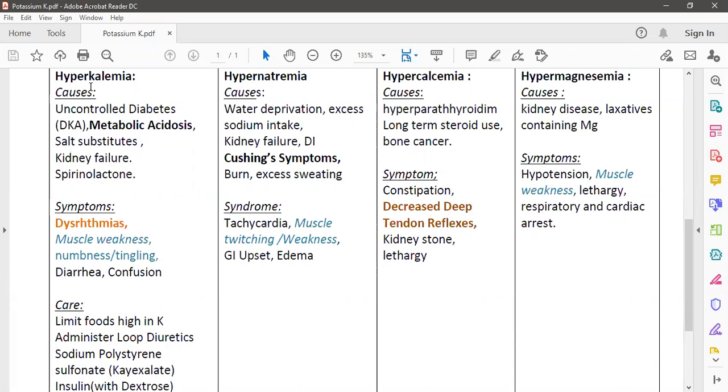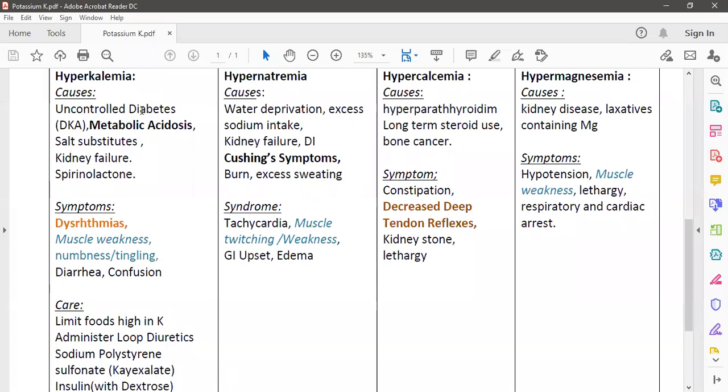Now the question comes, what are the causes of hyperkalemia? Hyperkalemia means the potassium level is more than 5 milliequivalents per liter. The main cause is uncontrolled diabetes.